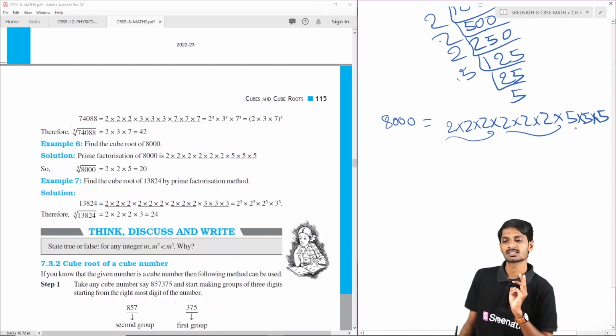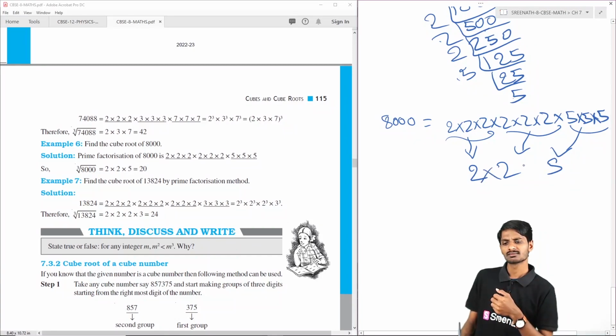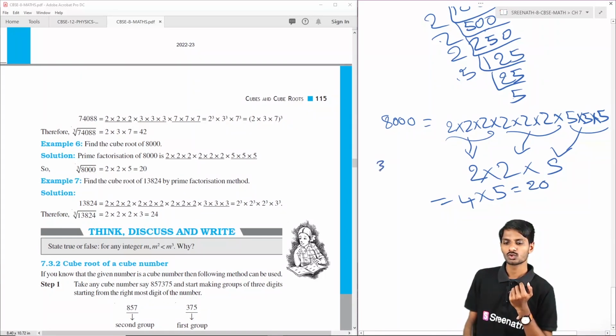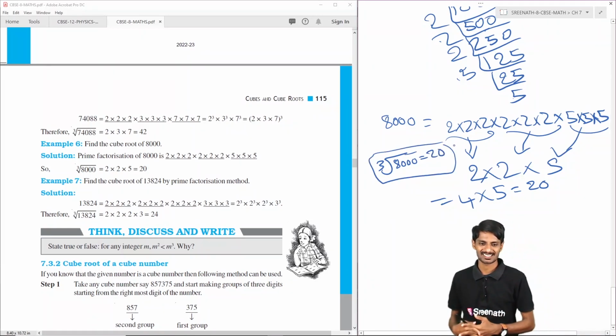This is the 3 and this is the 3 and this is the 3. So pick one out of each. 2, 2, 5. Multiply: 2 twos are 4, into 5, 4 fives are 20. Therefore the cube root of 8000 is equal to 20, students. In this way you have to do the task.